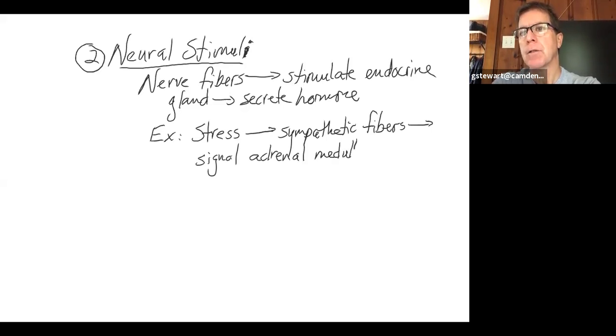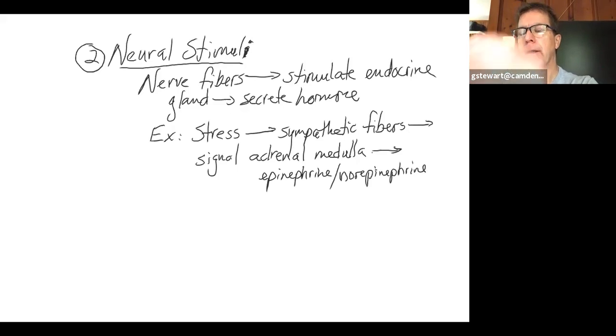The adrenal glands are just located right next to or above our kidneys. They signal the adrenal medulla to secrete epinephrine and norepinephrine. You and I know those two hormones as adrenaline. And that does all sorts of those sympathetic effects on the body, like increase heart rate, dilate bronchioles.